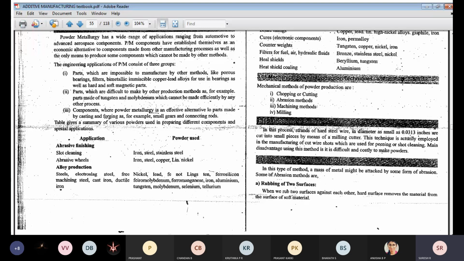This technique is employed in the manufacturing of cut wire shots, which are used for peening or shot cleaning. The main disadvantage of this method is that it is difficult and costly to make powders. The steel wires may be cut into small size particles, but we can't convert them into powder forms with chopping or cutting.